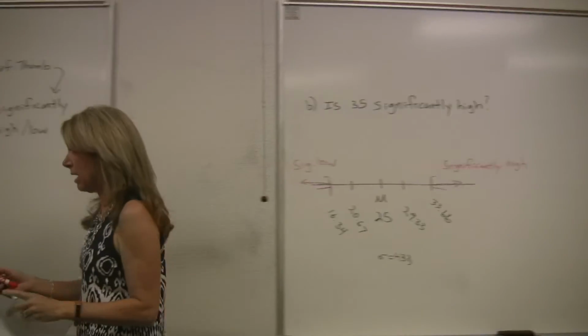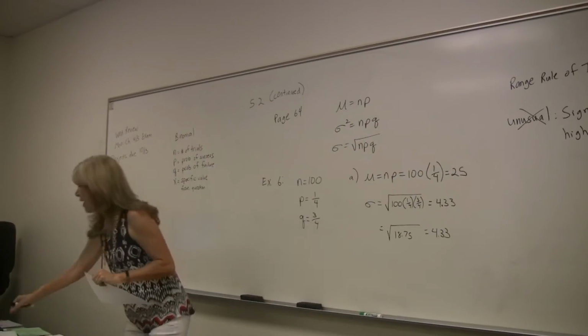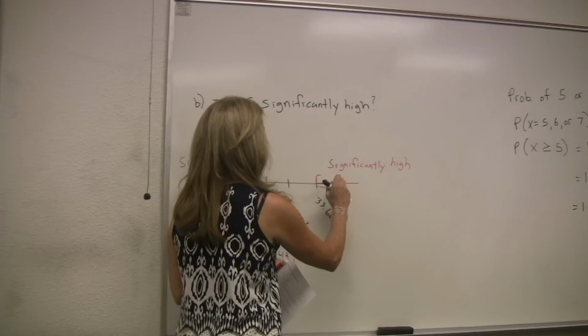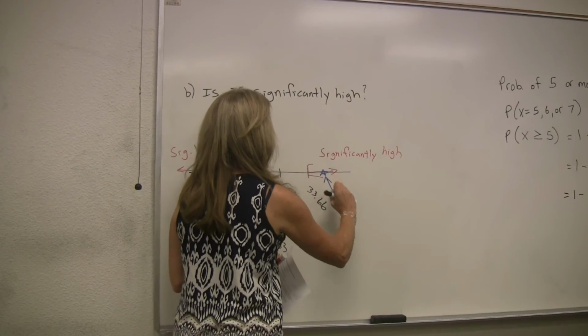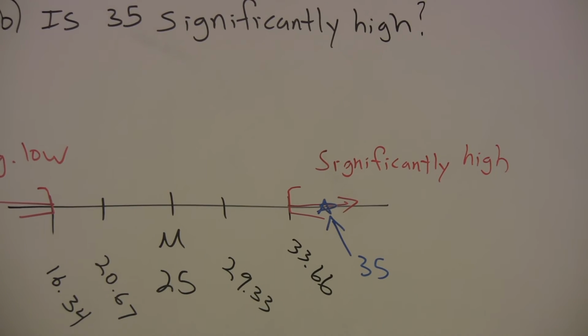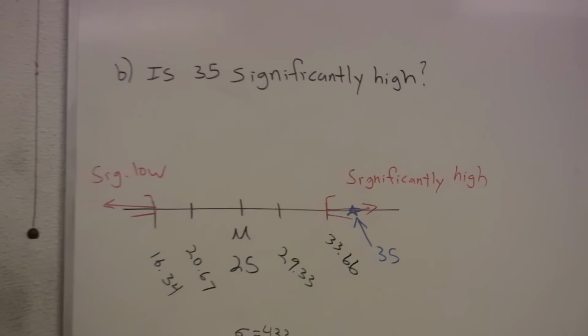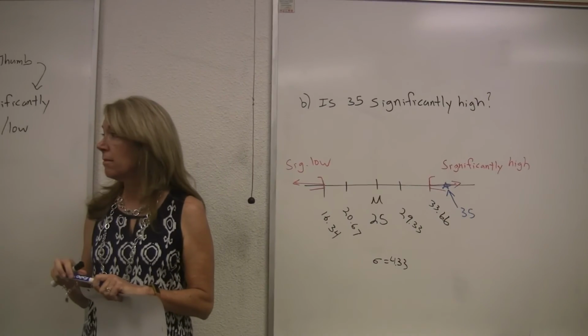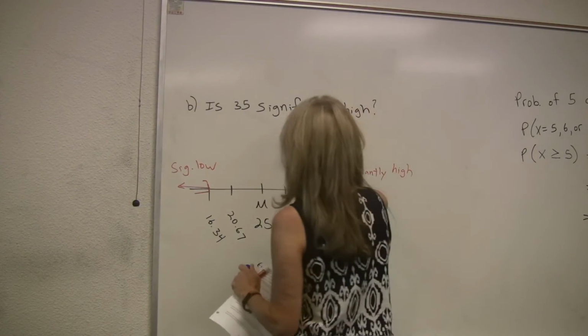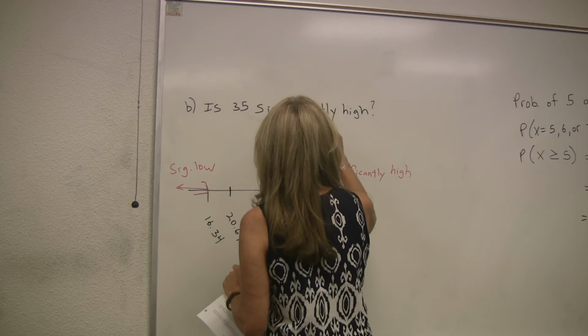So since 35 is past that 33.66, 35 is over here somewhere. That's past that cutoff, that is significantly high. Yes? So what can we say for because? Okay, good question. Did you hear what she said? She says, because, what should we say?